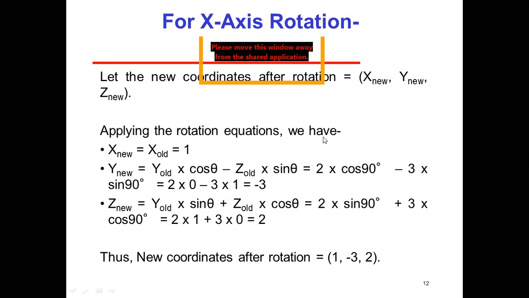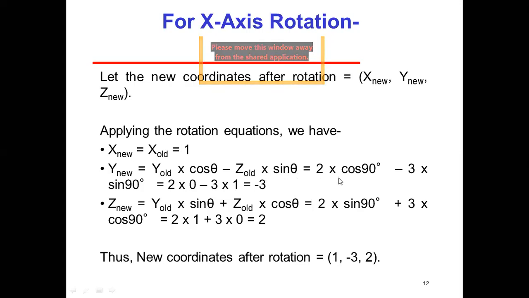So we will use the rotation equations. If we rotate about x axis, then x will never change. Then x new is equal to x old, which is 1. Then for y new, we will use the formula for rotation about x axis, as we have seen already in the preceding slides: y old cos theta minus z old sin theta.